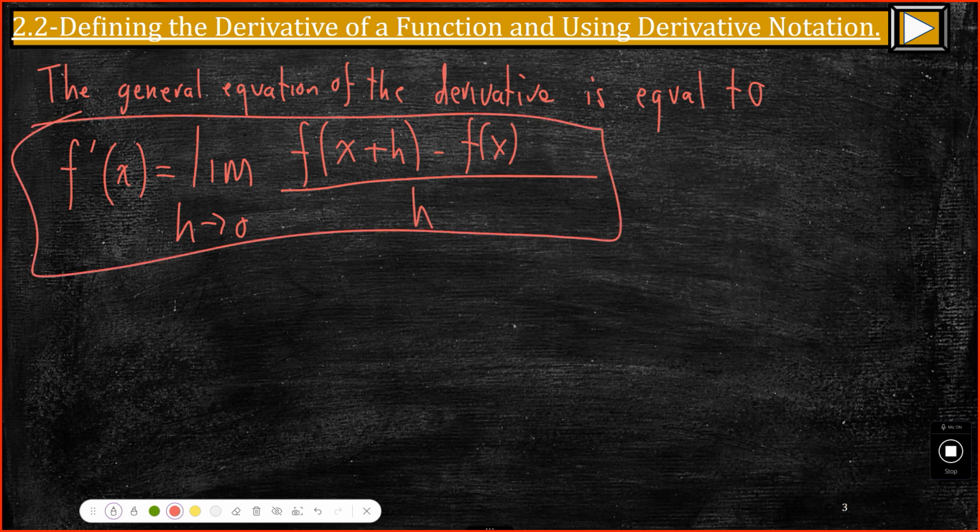This is the definition of the derivative at any point on a graph of a function, provided, extremely important here, provided that the limit exists.